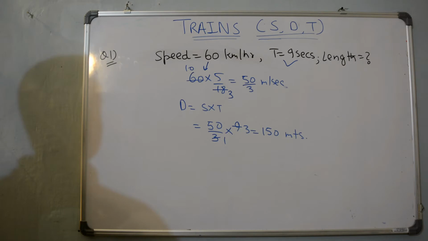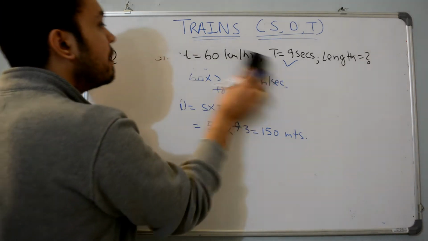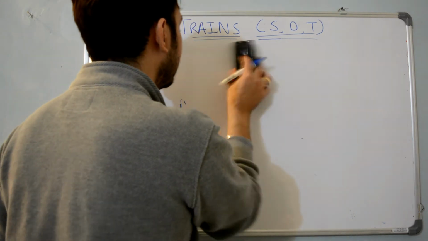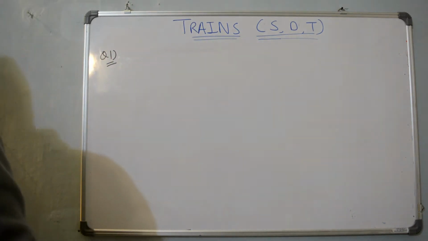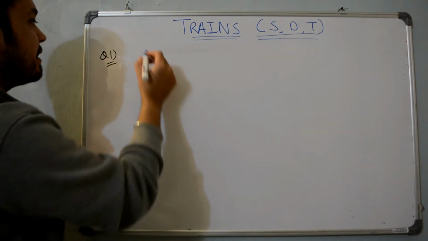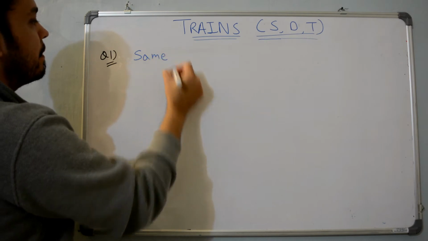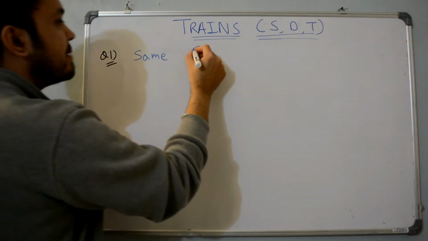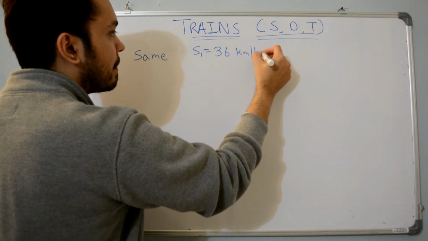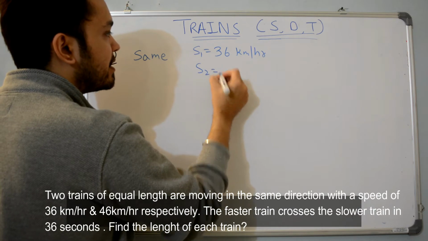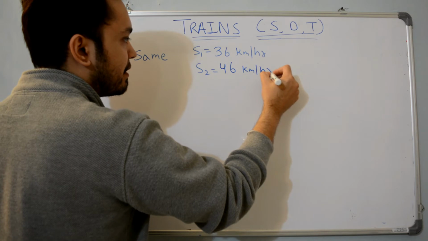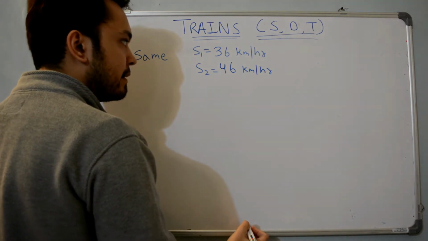Moving further, now comes the tricky part, where we will be actually given the scenario of two trains, right? Now we are given that two trains are moving in the same direction, right? One is moving at a speed of, let us say, 36 kilometers per hour, and the other one is moving at a speed of 46 kilometers per hour, right?